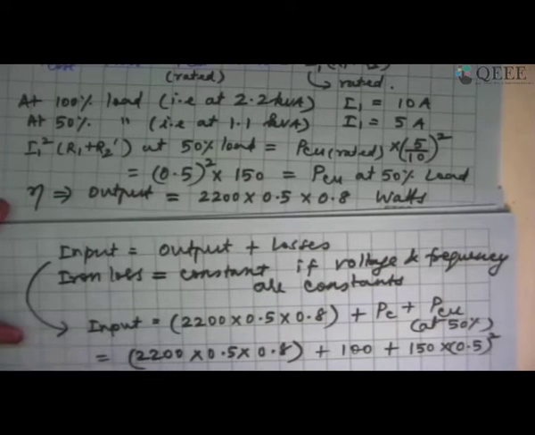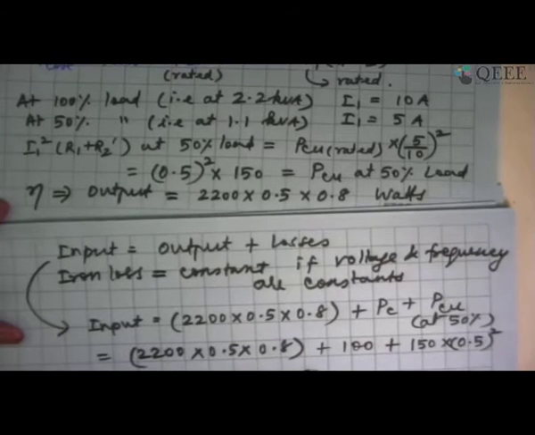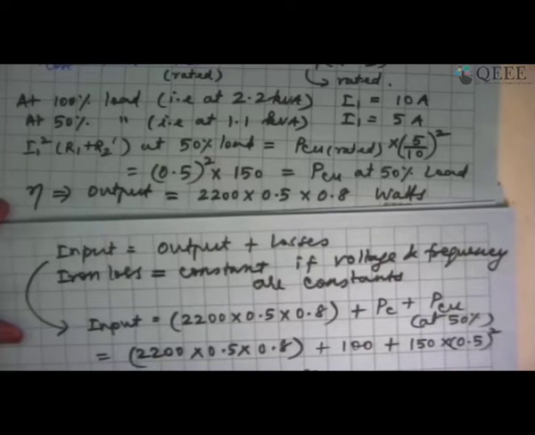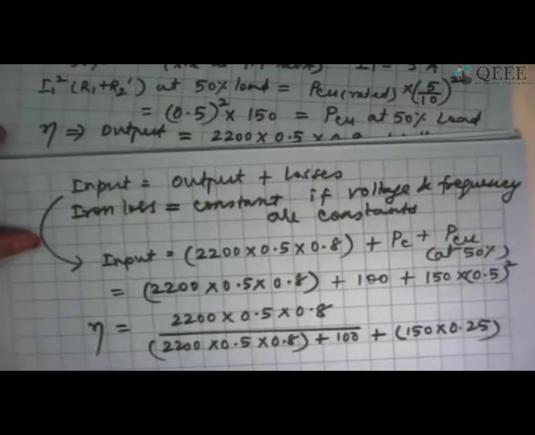So I'm going to have this as the input. So efficiency will be 2200 multiplied by 0.5 multiplied by 0.8 divided by 2200 multiplied by 0.5 multiplied by 0.8 plus 100 plus 150 into 0.25. This is going to be the efficiency overall, right?